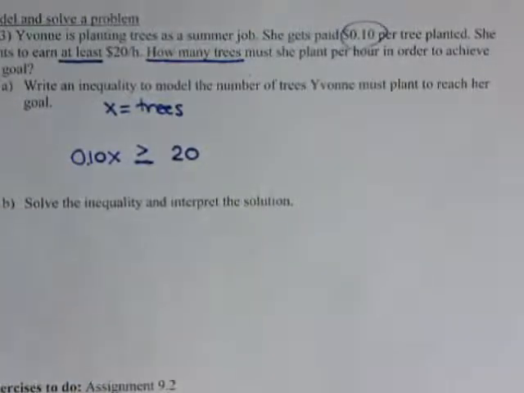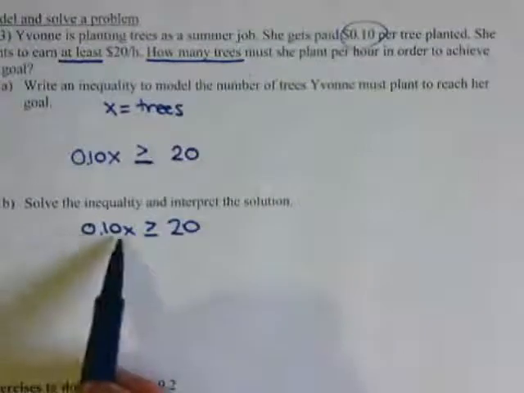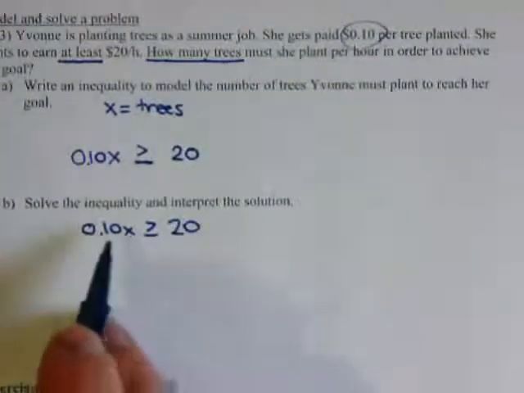Here's the thing. Because it has so many values possible for our inequality, what you have to remind yourself is when it says interpret the solution, you must give a sentence as your answer. So let's solve the inequality first. Okay, so this is a multiplication. It is not a negative number.